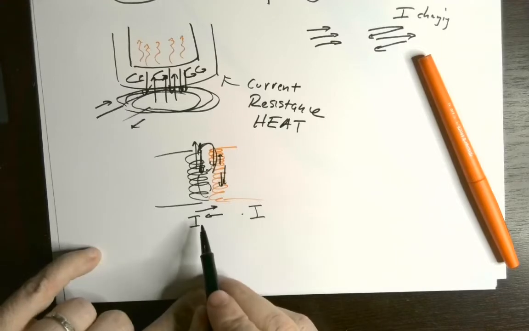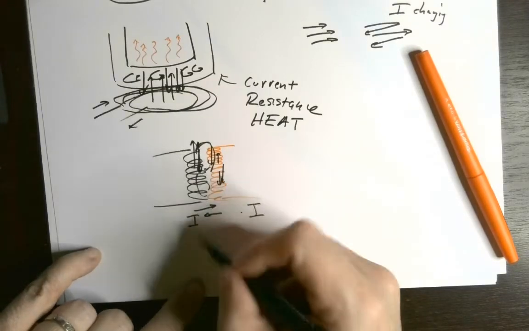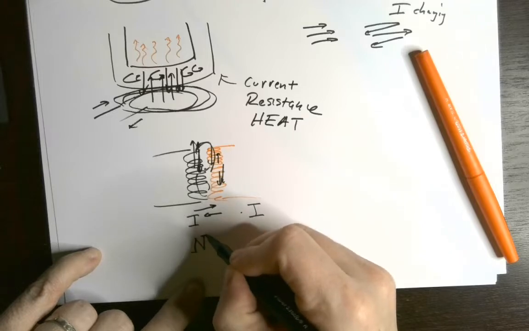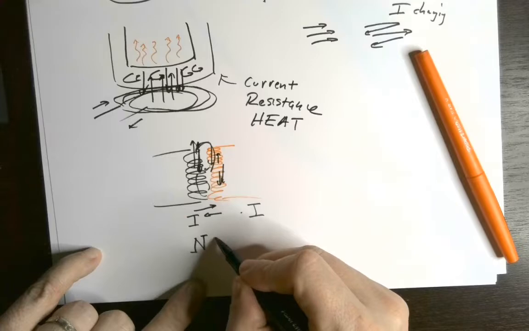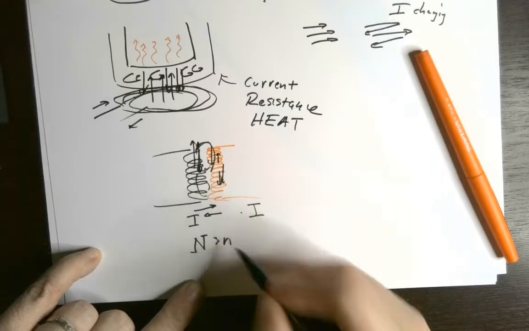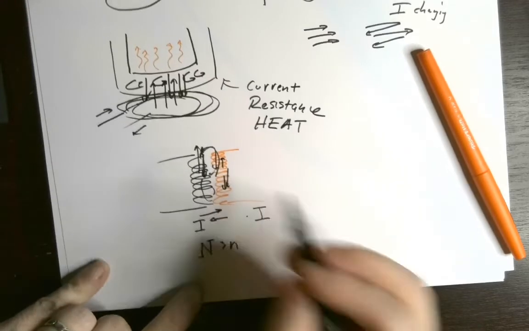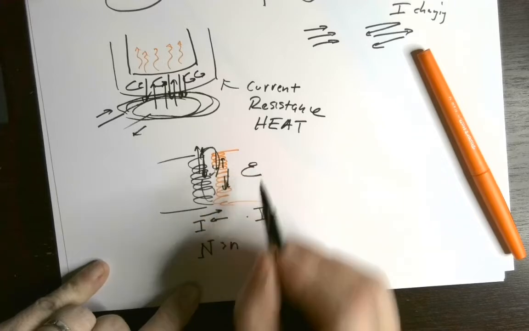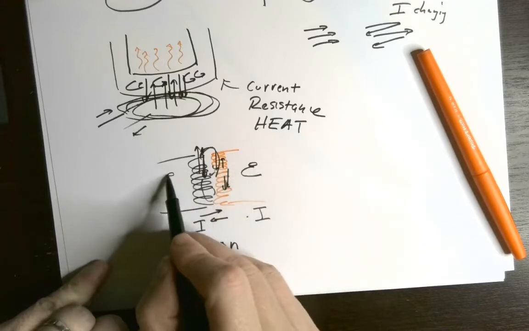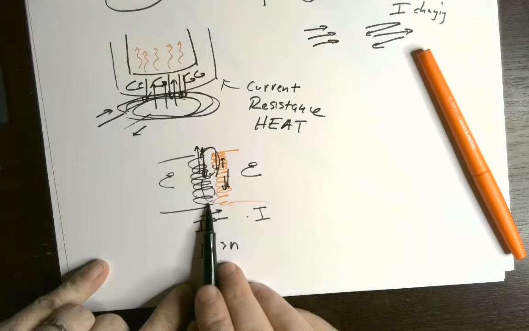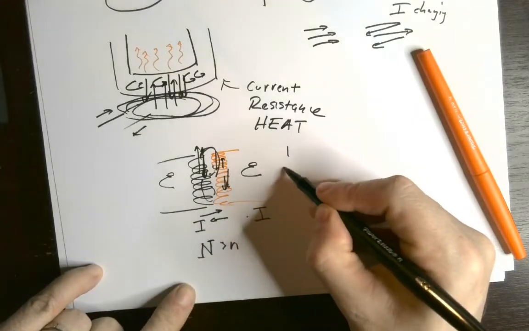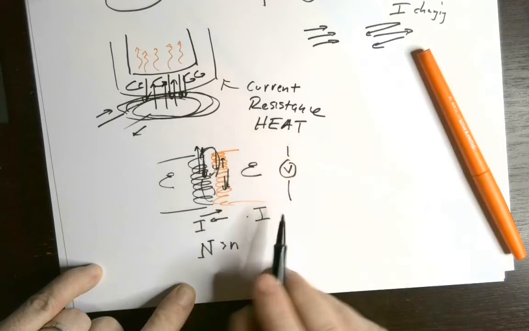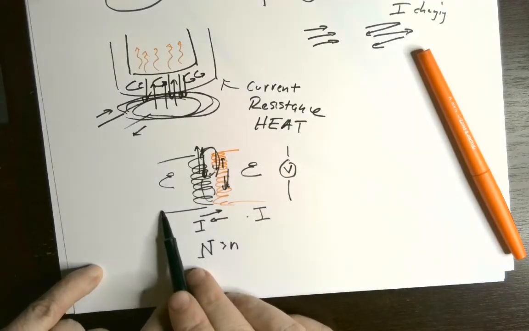If you have, say, more coils in this side of the device and fewer coils in this side, the induced EMF in this side will be less than the EMF generated through this coil. So whatever voltage you measure on this side of the loop will be less than the maximum and minimum voltage on this side of the loop.